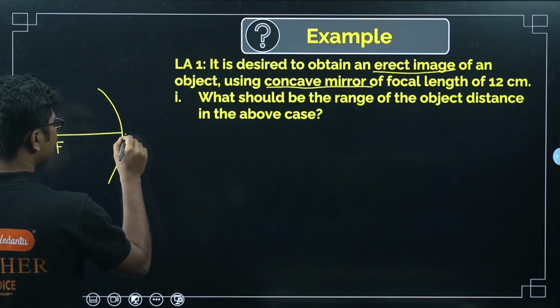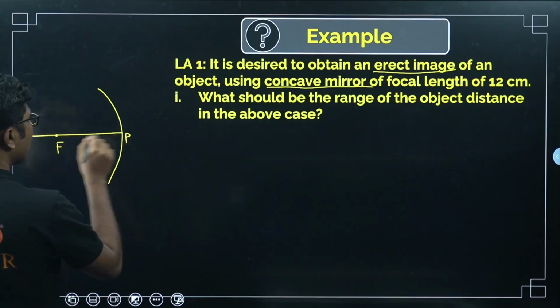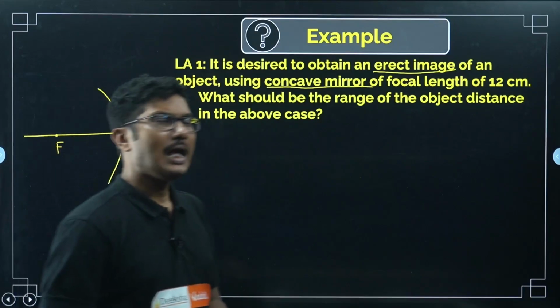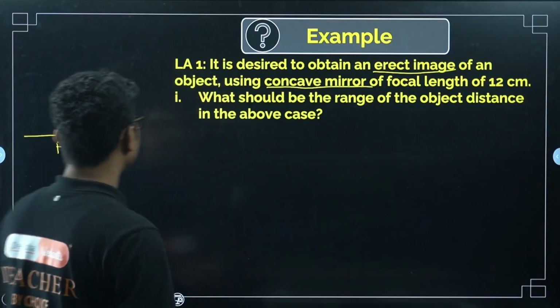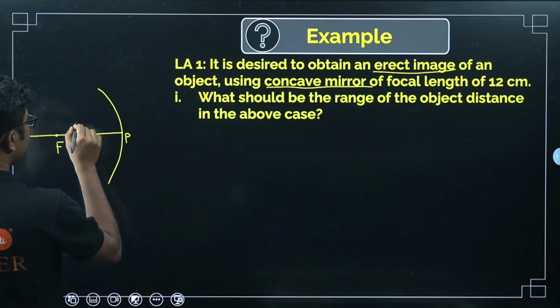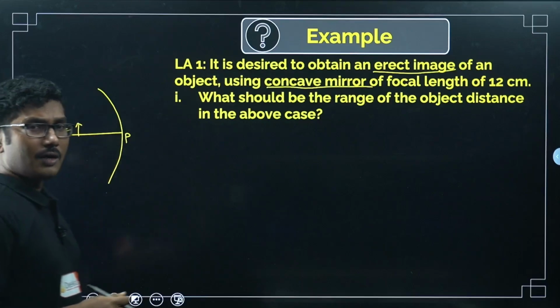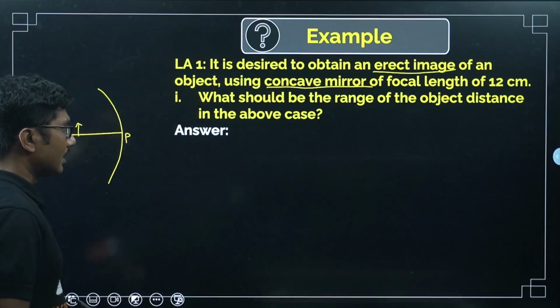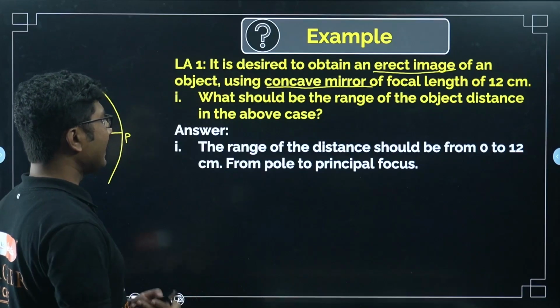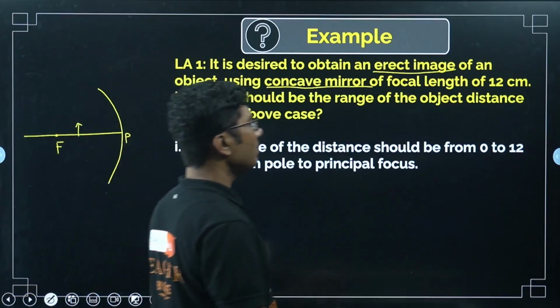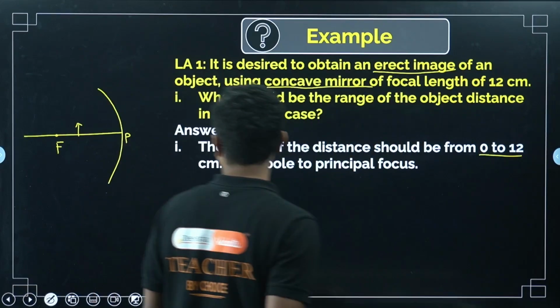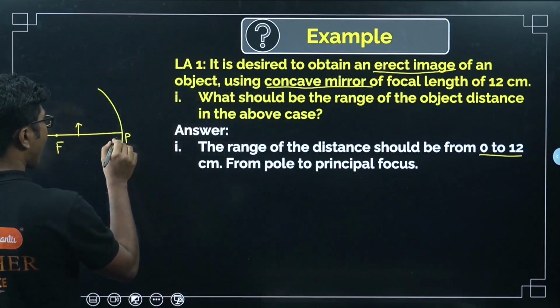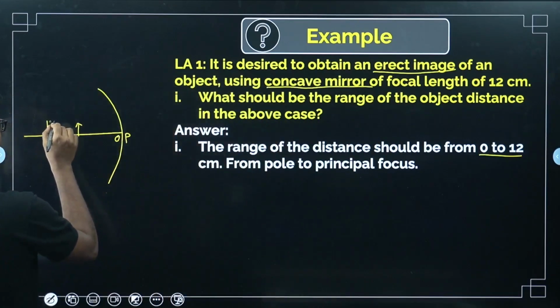So this is pole, this is F. If you put the object between F and P, then you will get a virtual image, which is basically an erect image. So the answer will be, the range of the distance should be from 0 to 12 centimeter. So 0 means this is 0, this is 12, right?